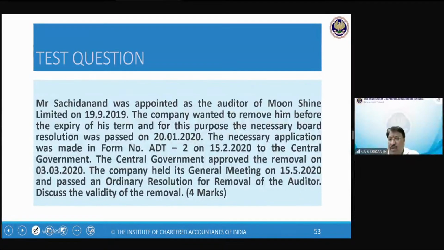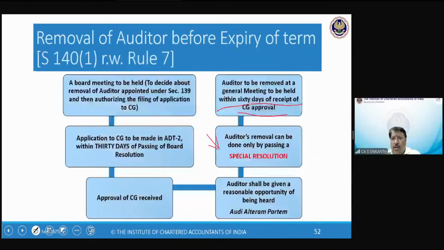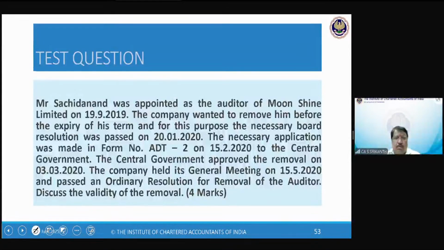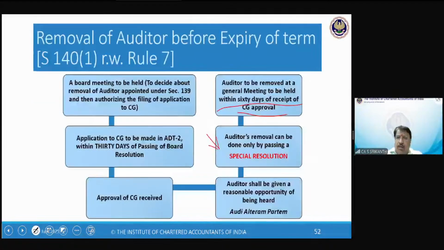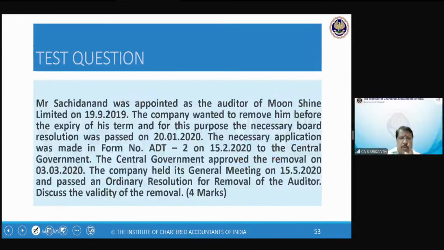You should count the number of days. 3/3 means 2/4, 2/5. The company held its general meeting on 15/5 and passed an ordinary resolution for removal.